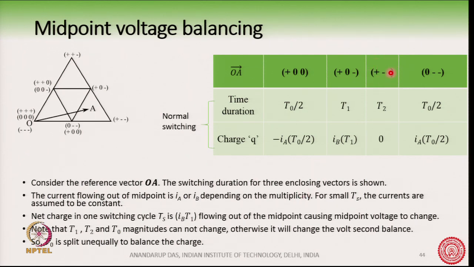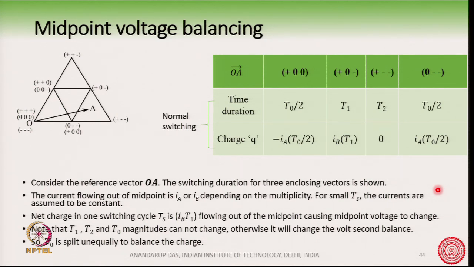When we access the large vector, the midpoint is not accessed, so this is 0, and then when we have the complementary state 0 minus minus, we have Ia into T0 by 2 as the net charge which is flowing out of the midpoint.